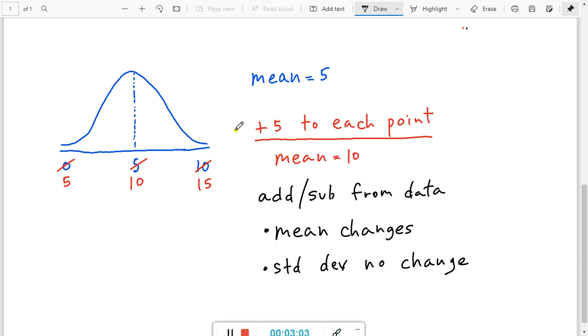Okay? So if you add or subtract from the data to each data point, the mean will change and the standard deviation does not.